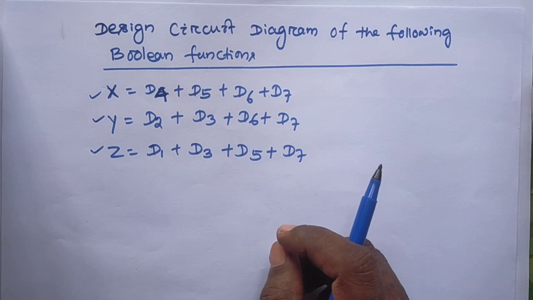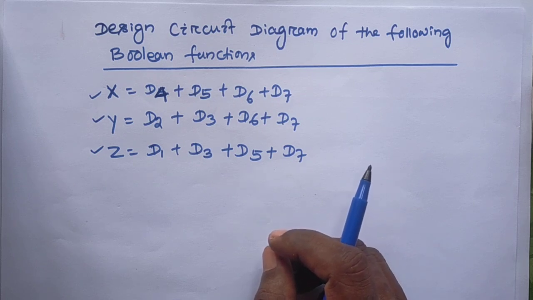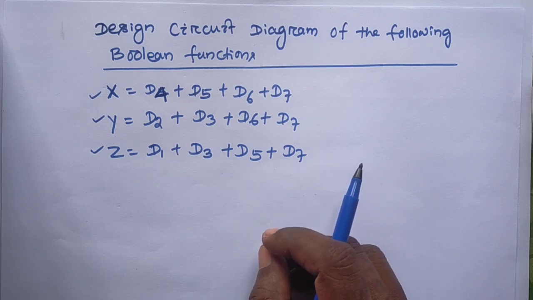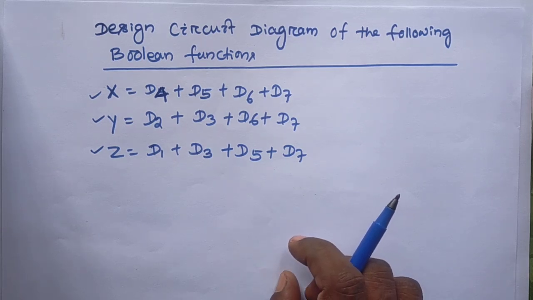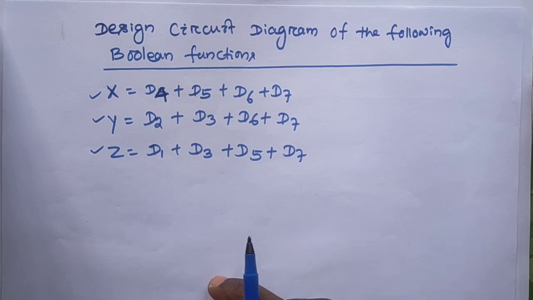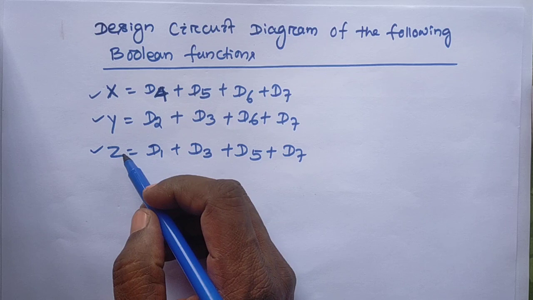Now we see how we can create a design circuit diagram based on this Boolean function. First of all, what are the inputs and what are the outputs? X, Y, Z are the outputs.